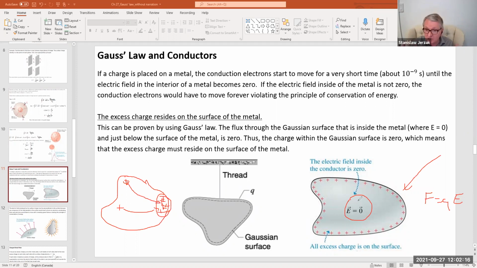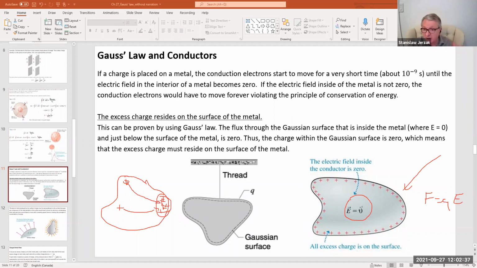Electrons have to stop moving, because otherwise the principle of conservation of energy would be violated: heat would be produced by these collisions, and the metal would be heated forever. So electrons have to stop moving after a very short time, and they stop moving only after the electric field inside of the metal is equal to 0.